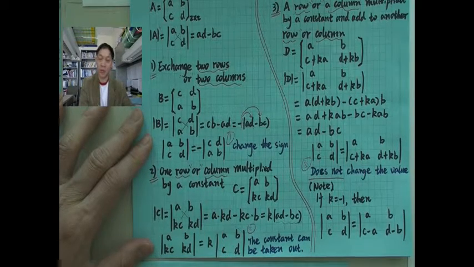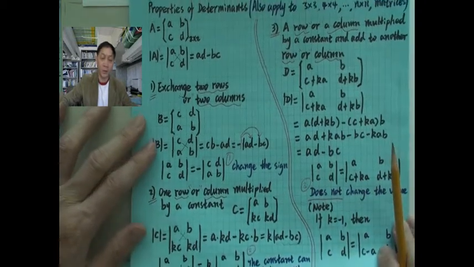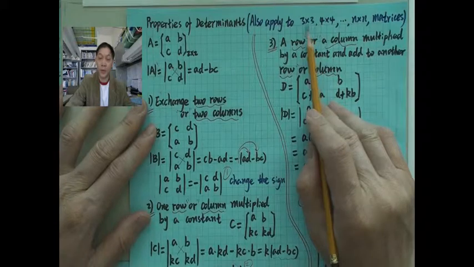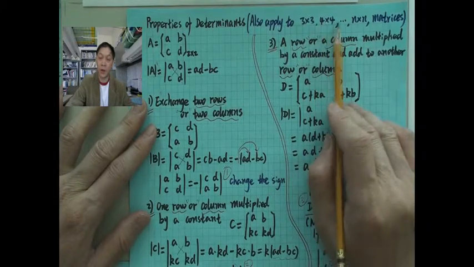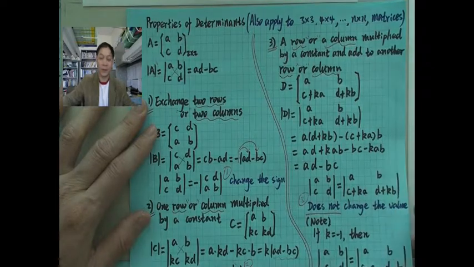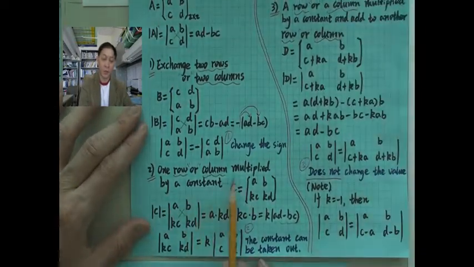The same thing will happen. You may try yourself. This property applies to 2 by 2 here, and also to 3 by 3, 4 by 4, n by n. So this is the second property.